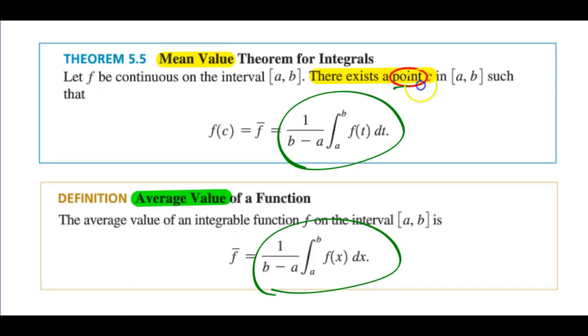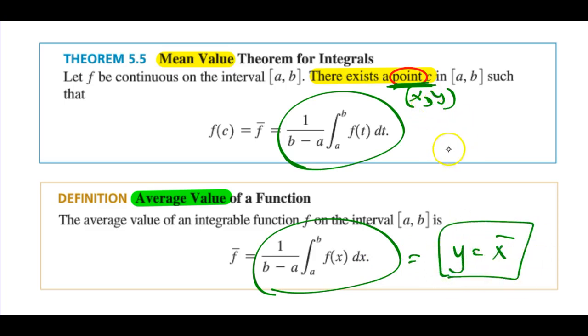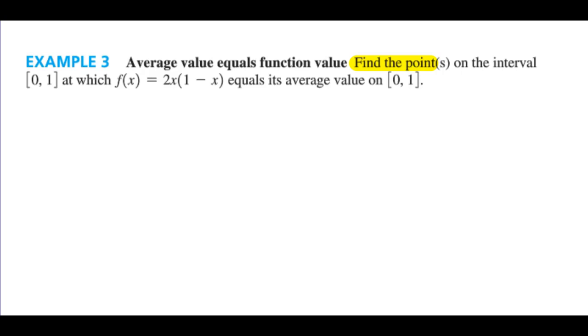So there is some point, some x and y value, where here was just some y value that is the average. But up here, you're saying, okay, at that x value, it hits the y value average. So let me show you what I mean. Average value. So for average value, we do the 1 over b minus a, and then integrate the function.